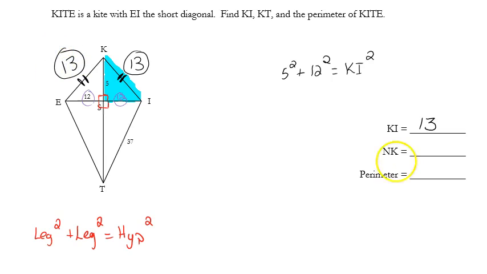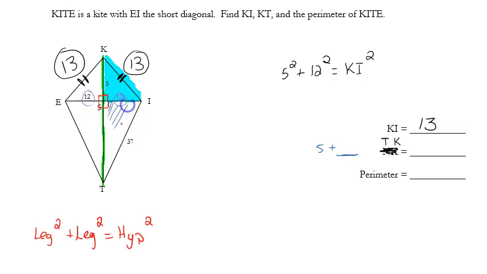What else have I asked you to find? I've asked you to find segment NK, which is weird because there is no N. I think I was meaning to ask you to find segment TK, which would be the length of this entire diagonal. Well, we know one part of it is 5. What's the other part? That's going to be Pythagorean theorem again.